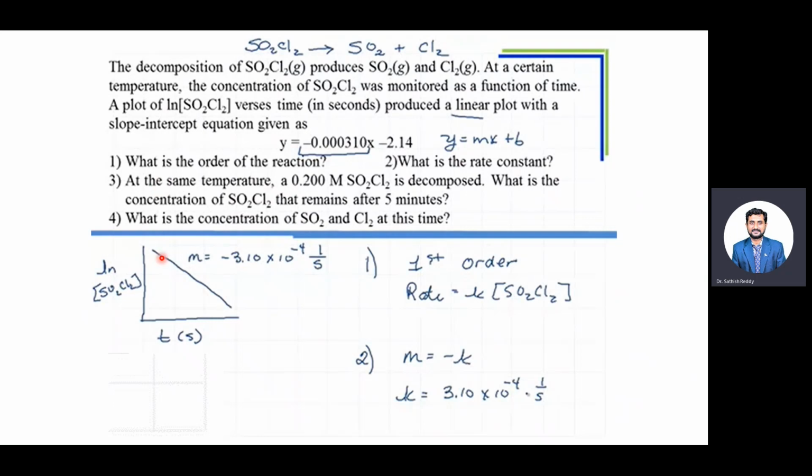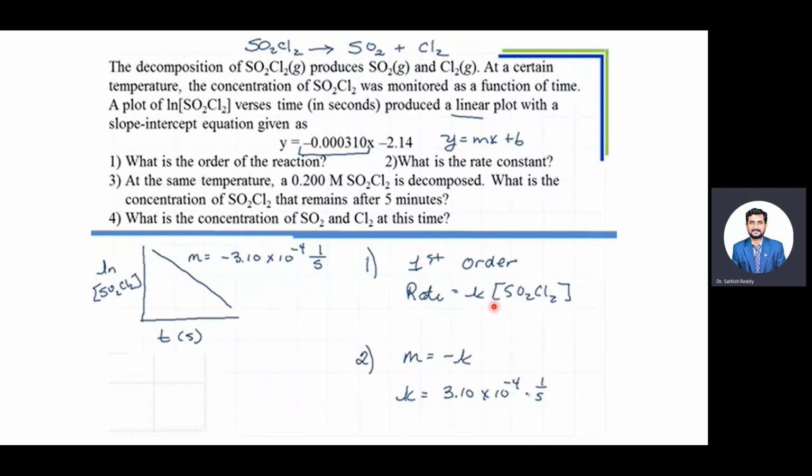For the first question, if you plot ln SO2Cl2 on the y-axis and time in seconds on the x-axis, and it gives a linearly decreasing line like this, that gives the first order.